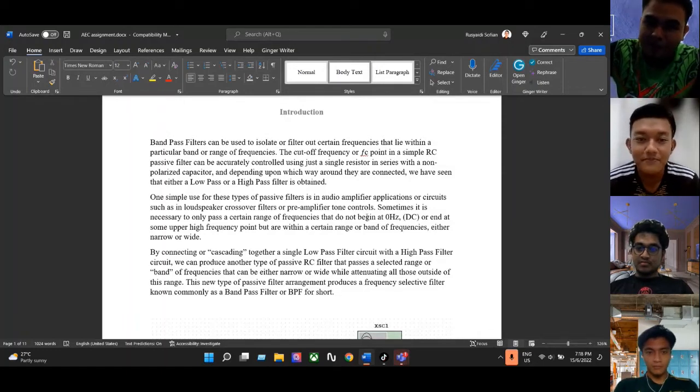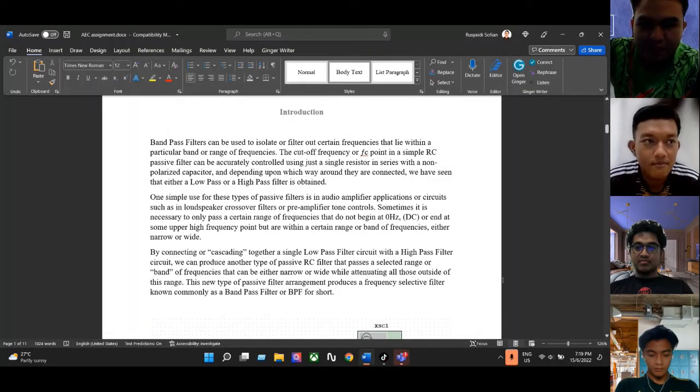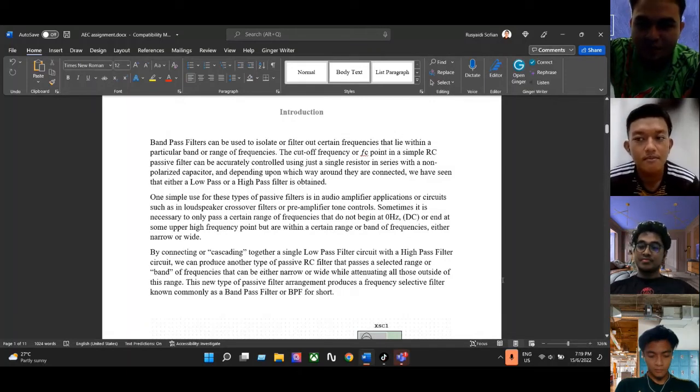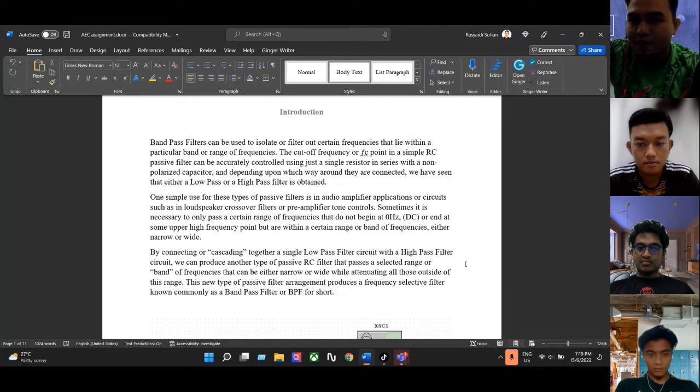The cut-off frequencies, or FC point, in the example RC passive filter can be accurately controlled using just a single resistor in series with a non-polarized capacitor, and depending upon which way around they are connected, we have seen that either a low pass or a high pass filter is obtained.